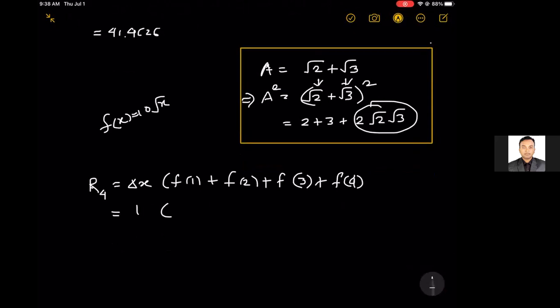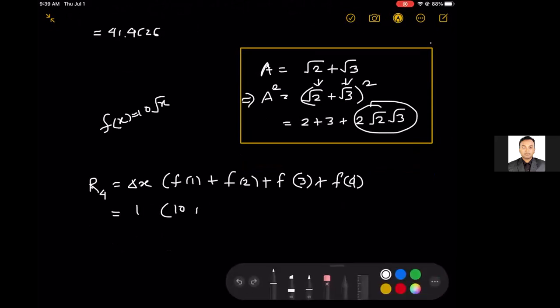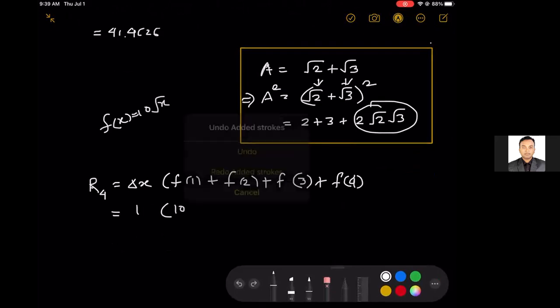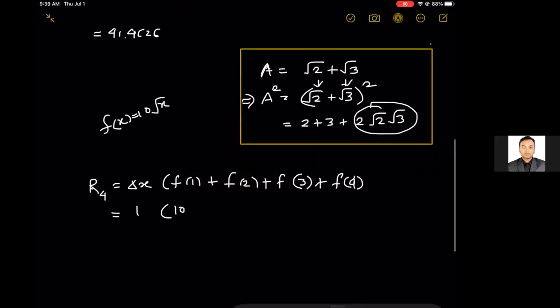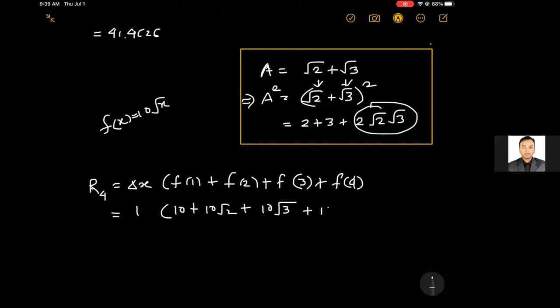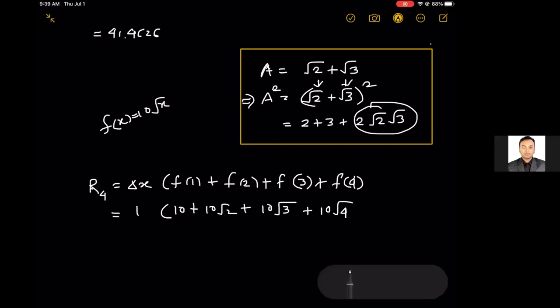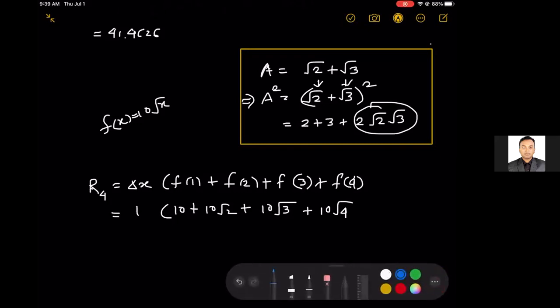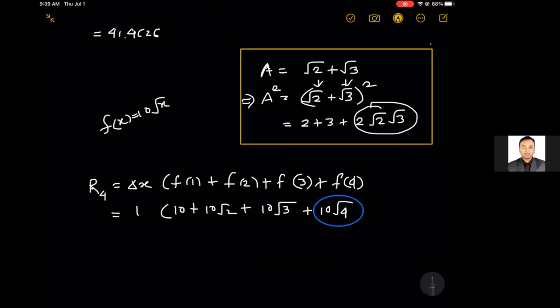So f of 1 would be 10, f of 2 would be 10 square root of 2, f of 3 would be 10 square root of 3. And f of 4 would be 10 square root of 4. And we can actually rewrite it as 10 times 2, because square root of 4 is 2.